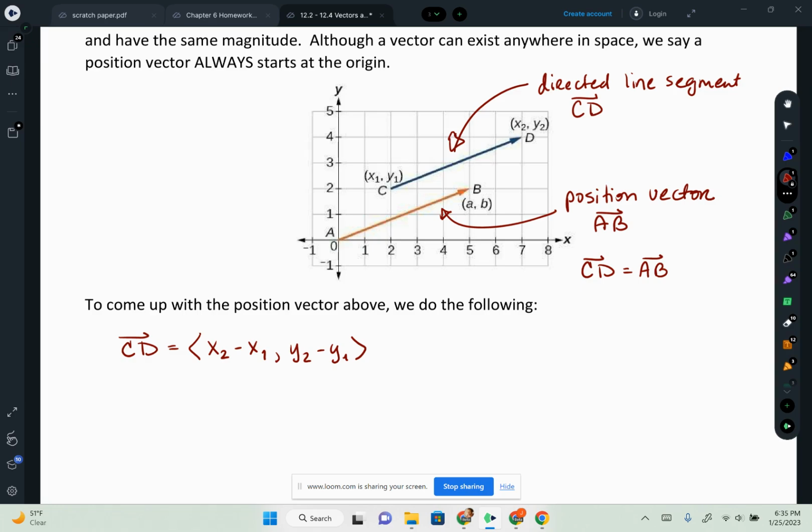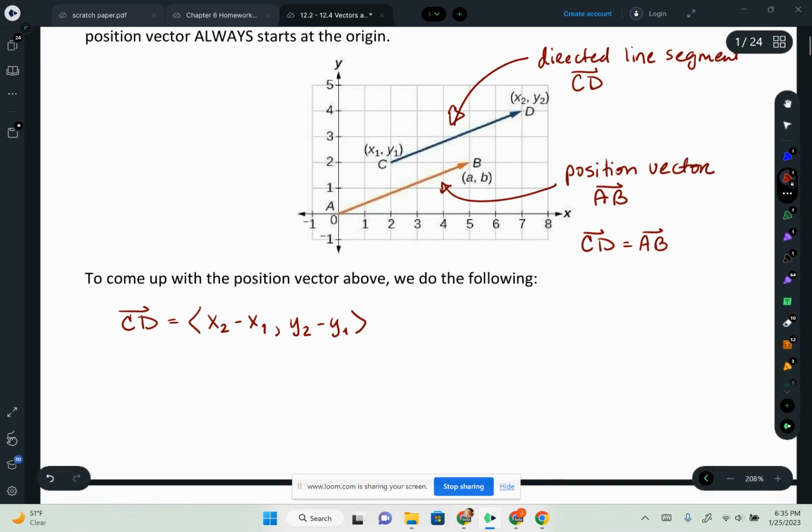It also gives you your slope of a vector. Now, these changes are in fact equivalent to coming up with the values a and b in a vector form, which is the endpoint of the AB position vector.